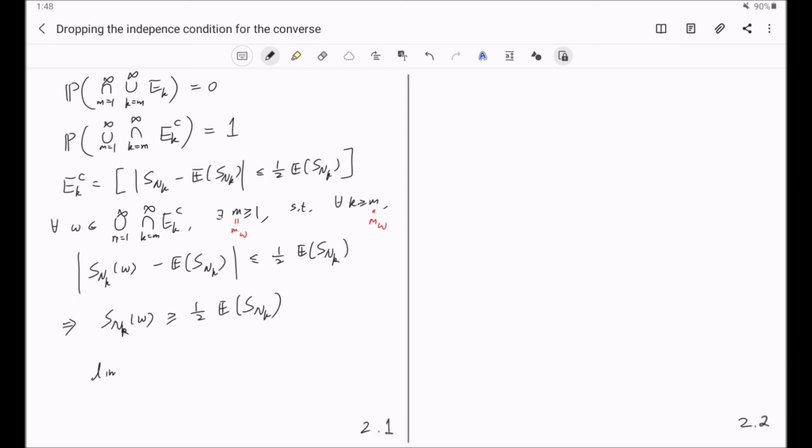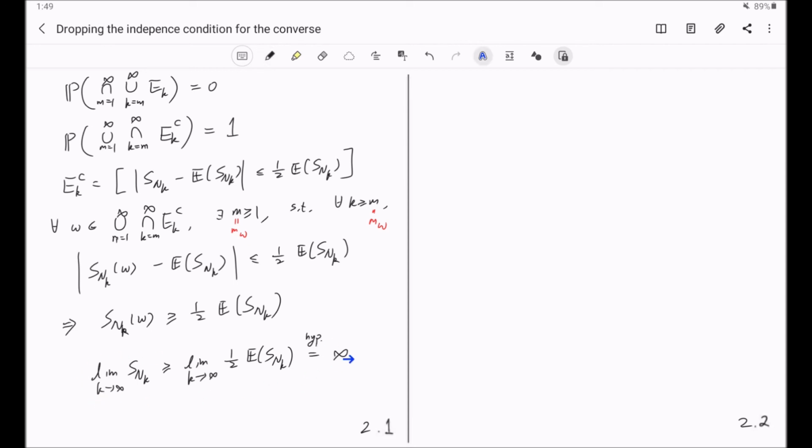So you have the limit of S of n_k as k goes to infinity is greater or equal to the limit as k goes to infinity of this half of expectations, and this part by our hypothesis is equal to infinity.